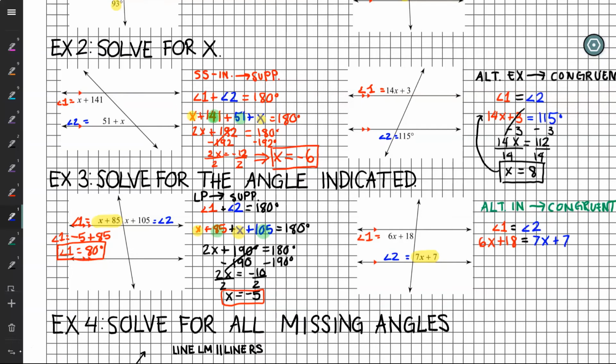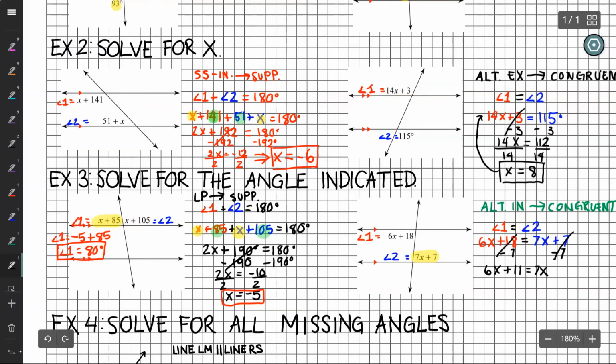This is a little bit more than a two-step equation, but that is fine. I'm going to start by getting rid of my numbers, sorry. So I want them all on one side. So I'm going to start by subtracting 7 from both sides so that I don't get a negative. So now I have 6x plus 11 equals 7x.